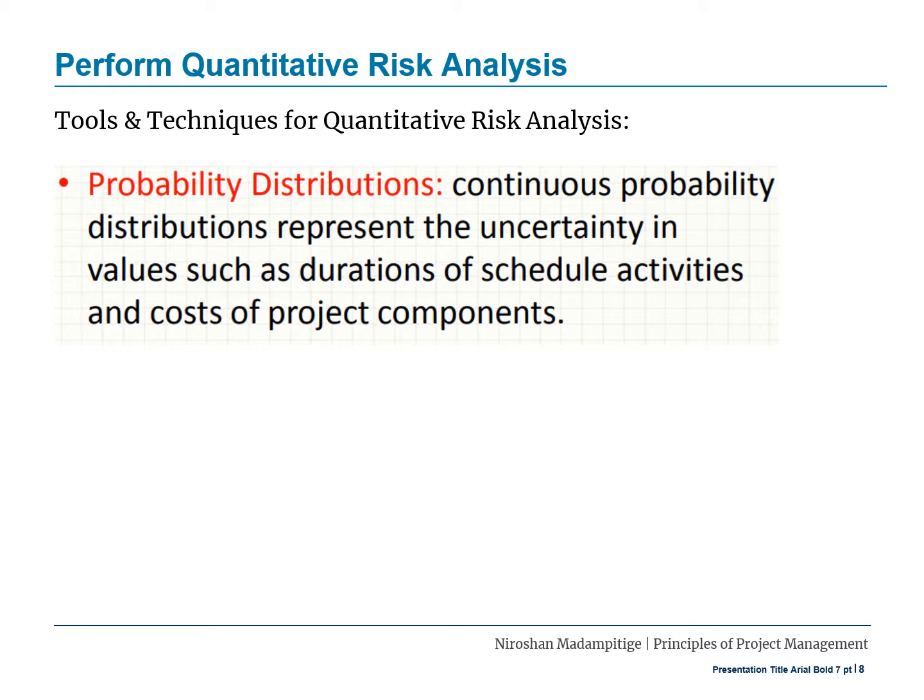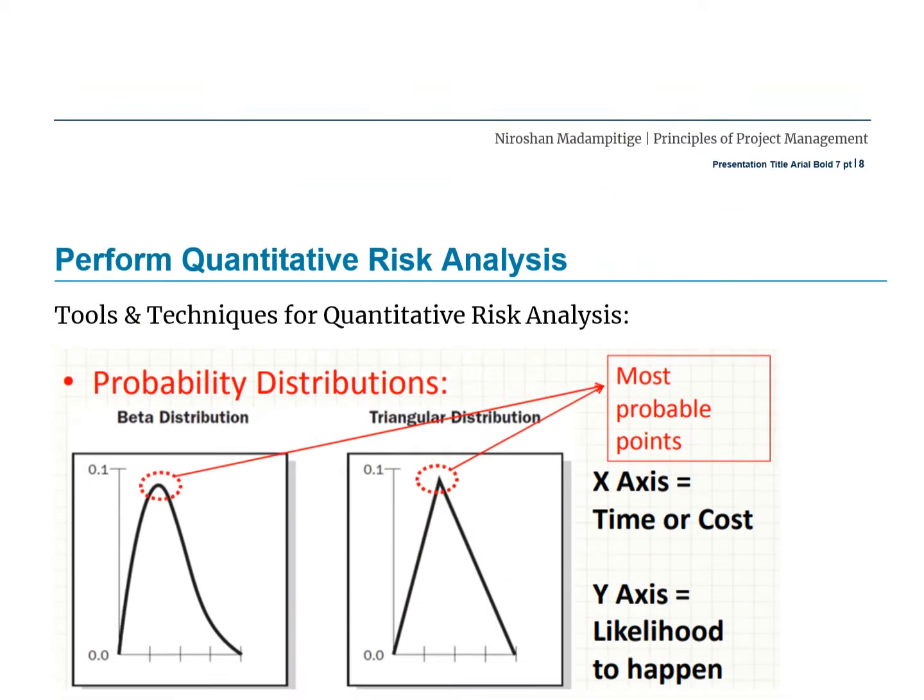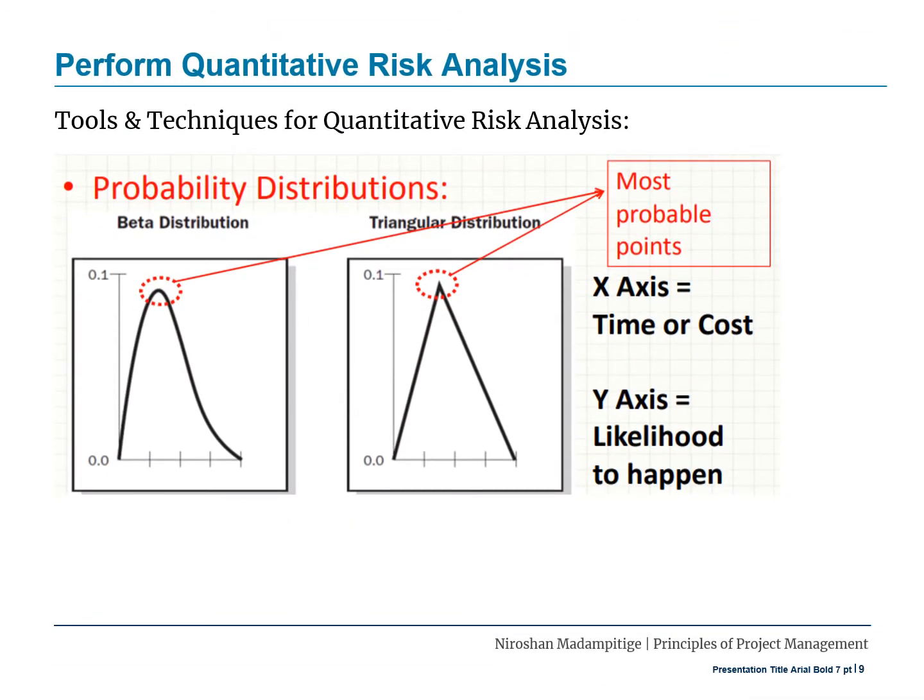Probability distributions. Continuous probability distributions represent the uncertainty in values such as durations of scheduled activities and cost of project components.